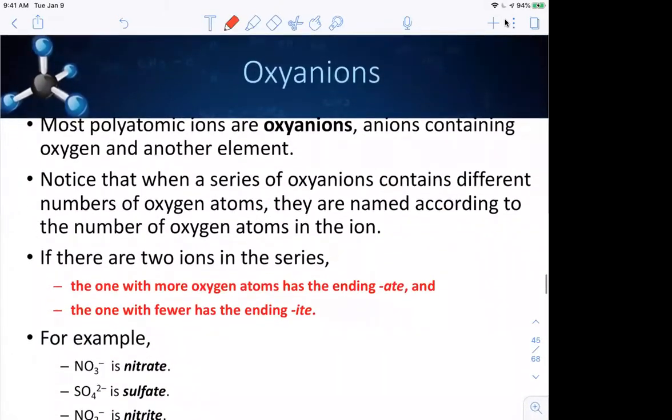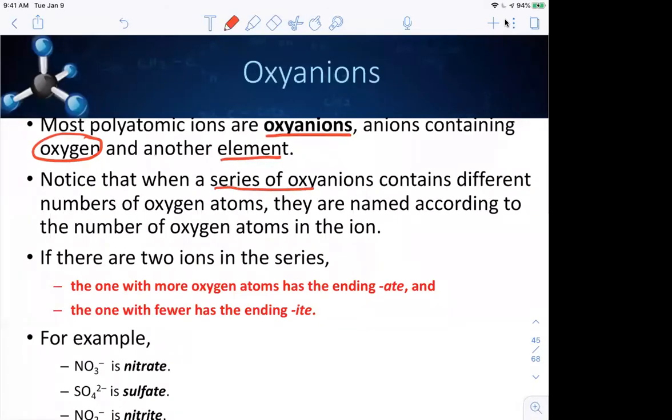So let's see how you can look at those charts and come up with patterns in order to help you remember those names. Most of the polyatomics are oxyanions. So they're going to contain oxygen, that's the oxy part, and then some other element.